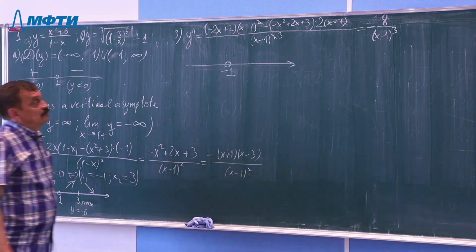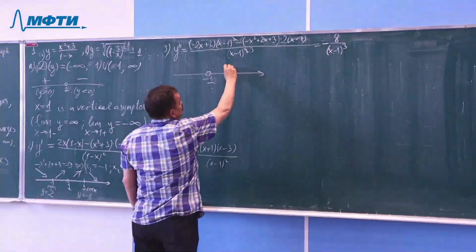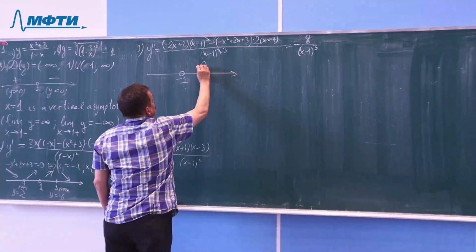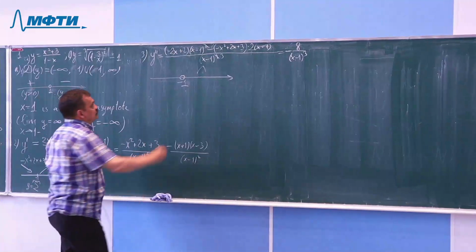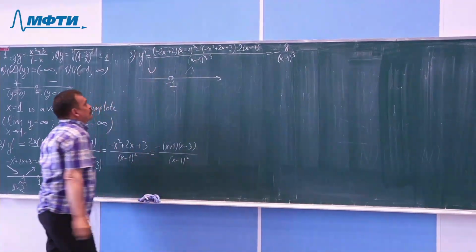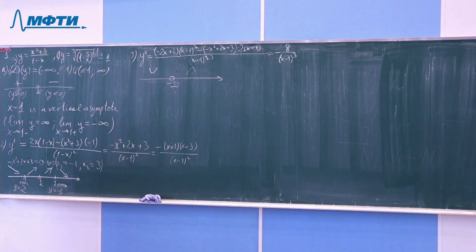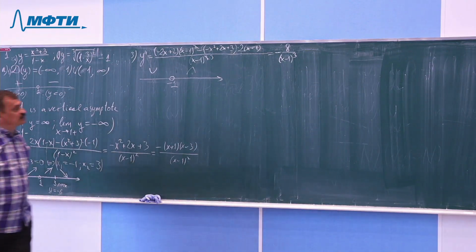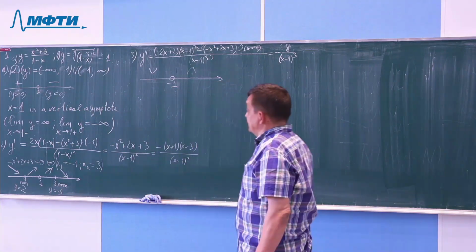Here we have a negative second derivative, which means convexity up, and for x less than 1 it is positive, so convexity is down. No inflection points, right? Because we have no point where the function is continuous and changes its direction of convexity.